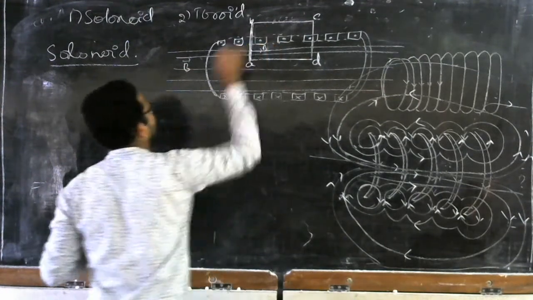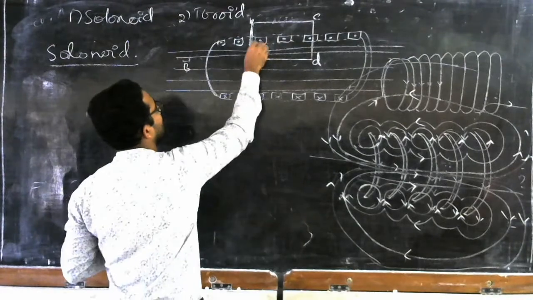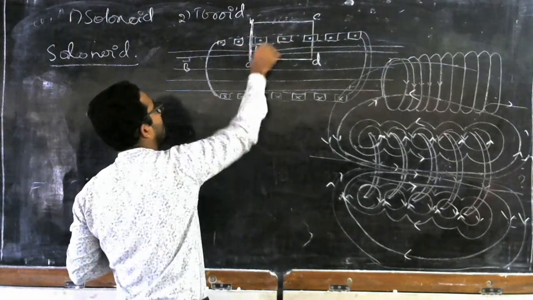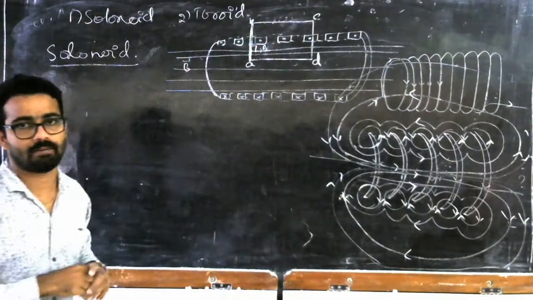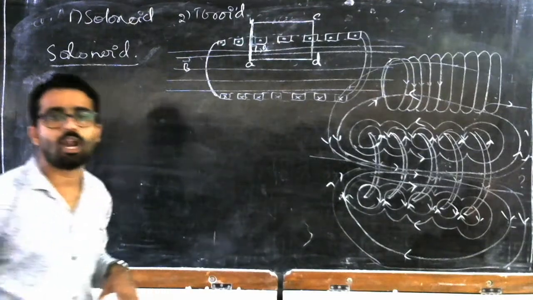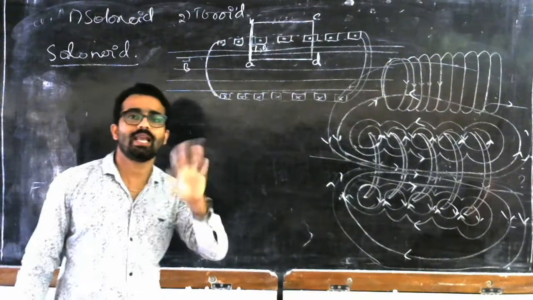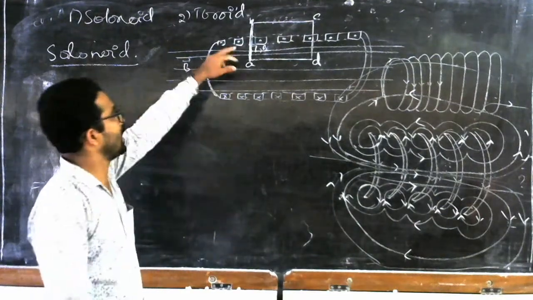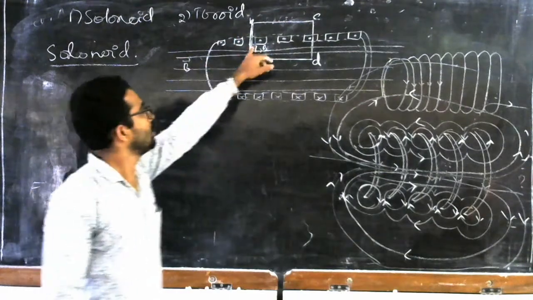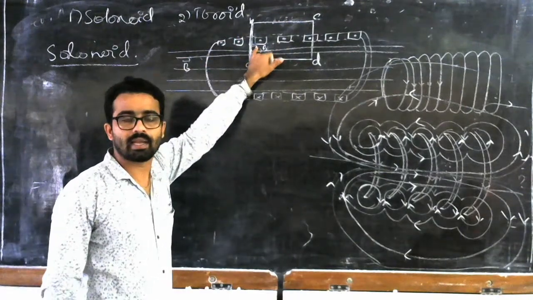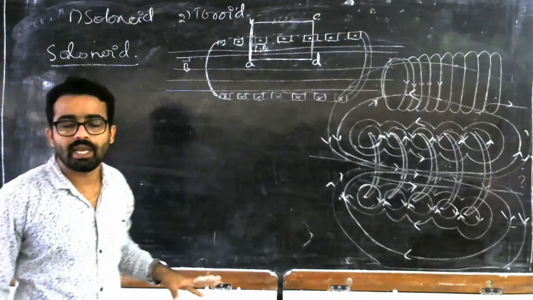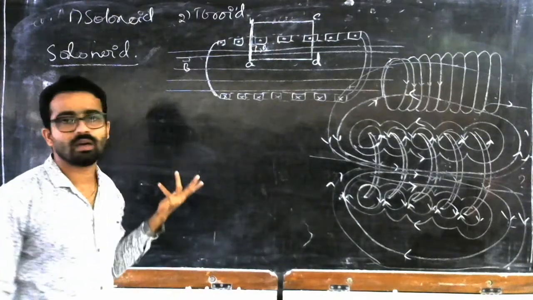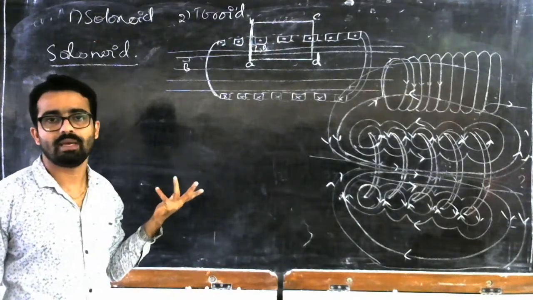Now, this is the direction of the magnetic field, and this is the element. So the angle formed between the element and the magnetic field is 90 degrees. From Ampere's circuital law, we know B dl cos theta, where theta means the angle between B and dl. Theta will be 90 degrees, and cos 90 is equal to 0.